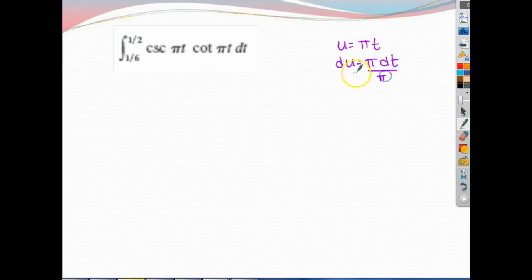So I gotta divide by pi. If you're gonna change your bounds, u of 1/2 becomes 1/2 pi, and u of 1/6 would become 1/6 pi. So these bounds actually get a little uglier because we have to add in the pi, but that's okay.